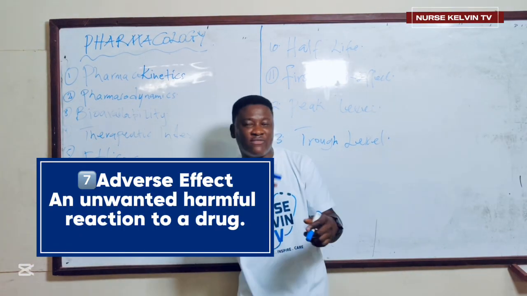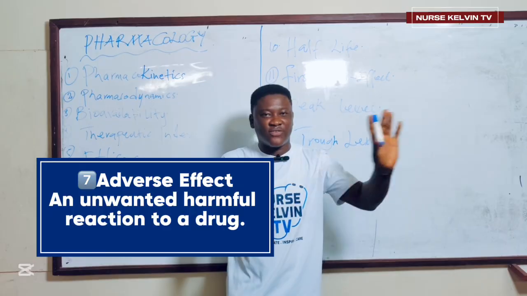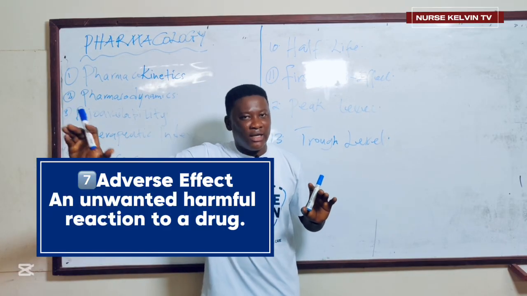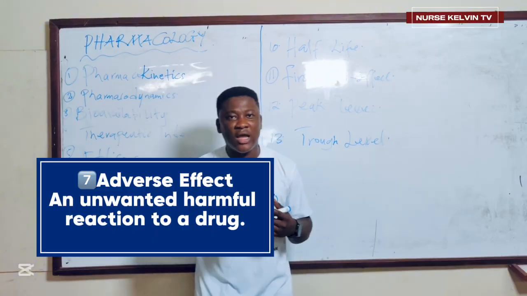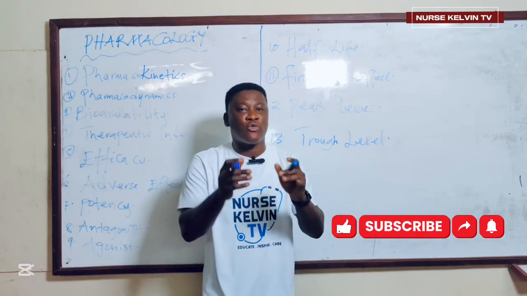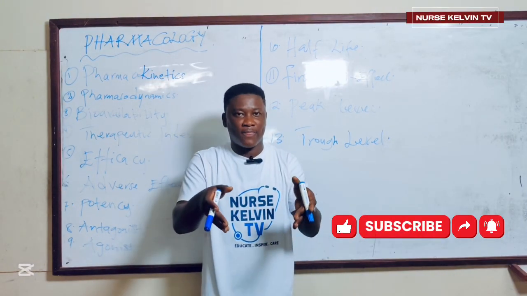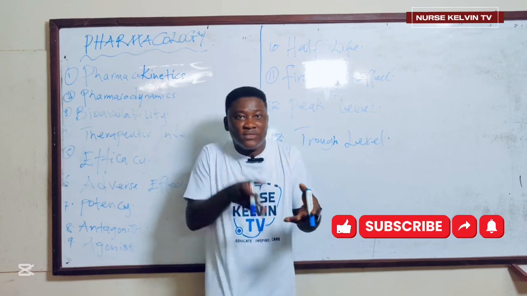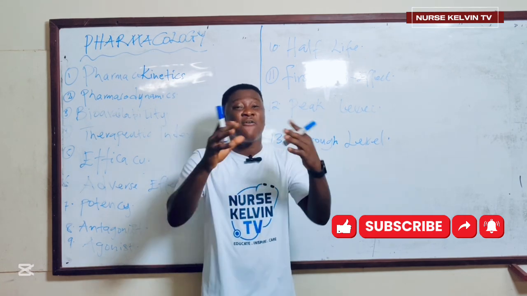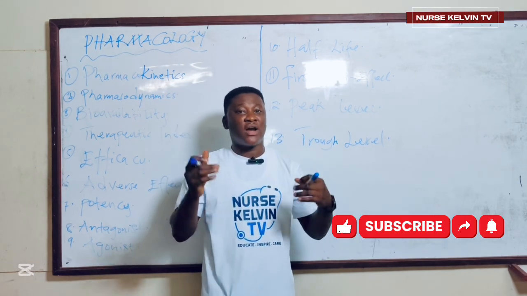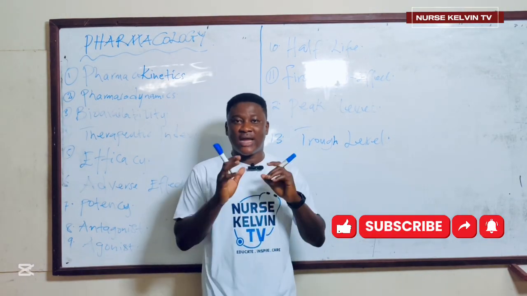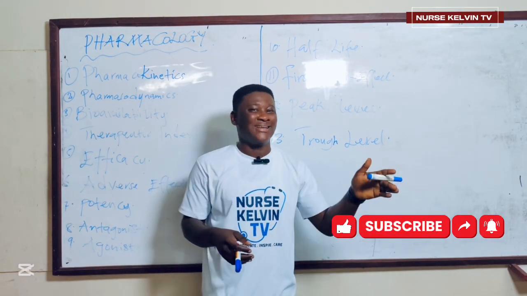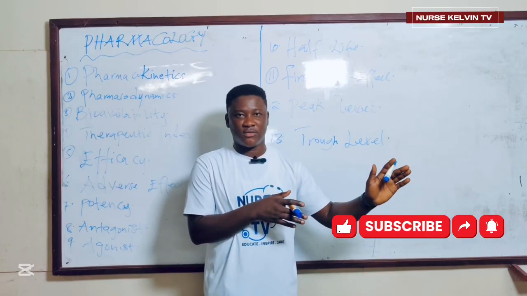Most of us think adverse effect is the same as side effect. When we talk of adverse effect, it is an unwanted harmful reaction of a drug. So you've taken the drug, then there is a harmful reaction to the drug. That's what we term as the adverse effect. That one is very dangerous compared to side effect.